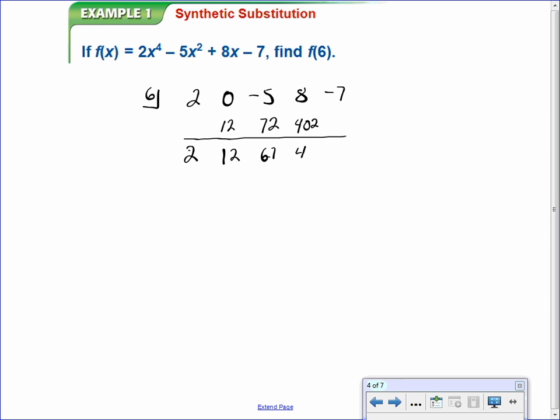Add. 6 times 410 is 2,460. And you can add these together: 2, 4, 5, 3. So your remainder is 2,453. So f of 6 is 2,453. Your numbers on your worksheet are not quite this large.